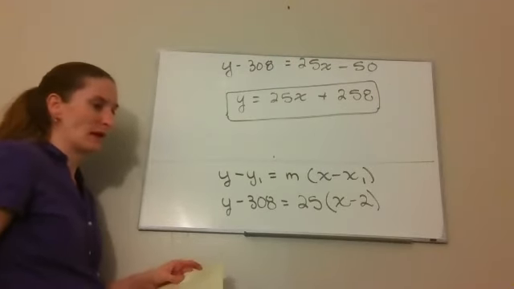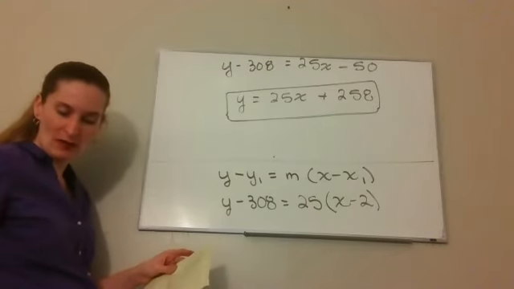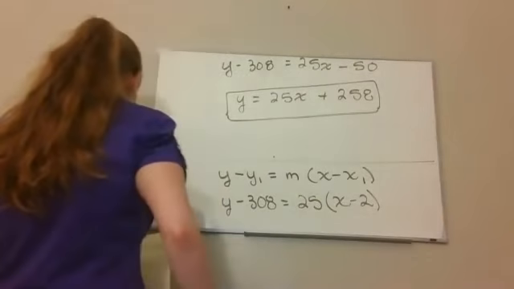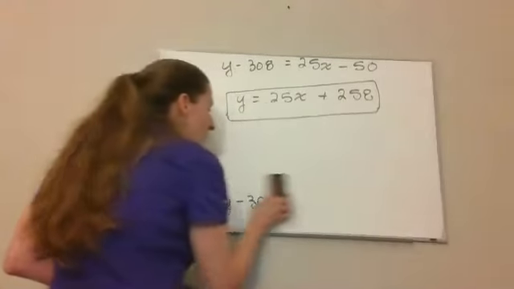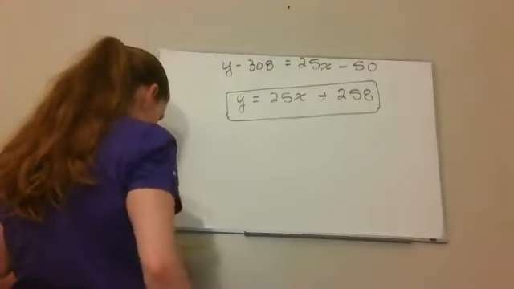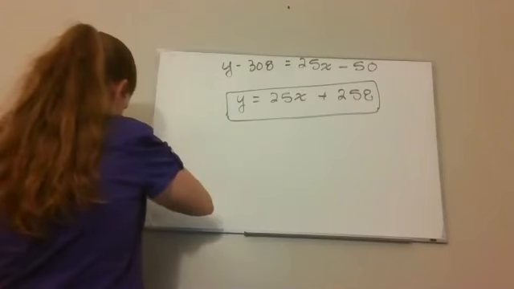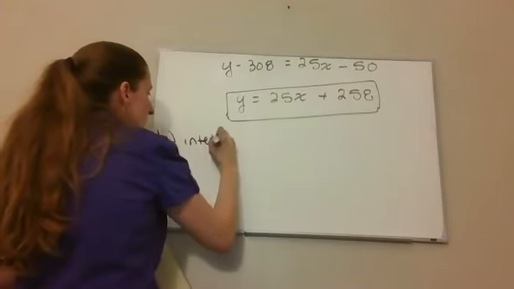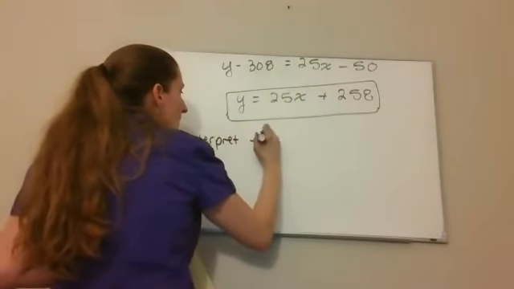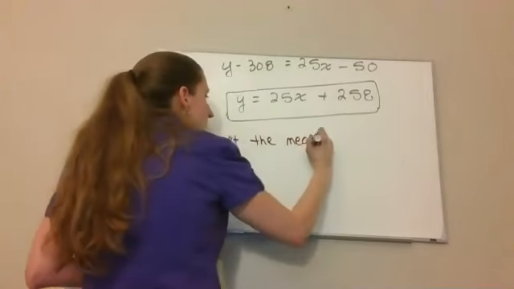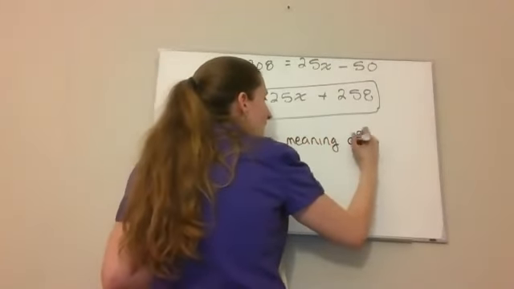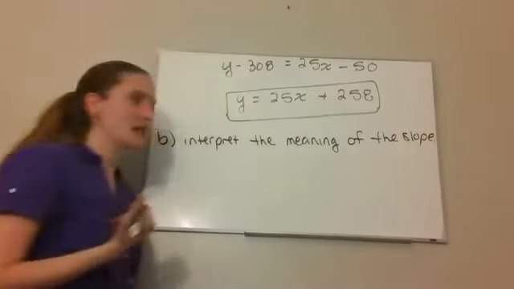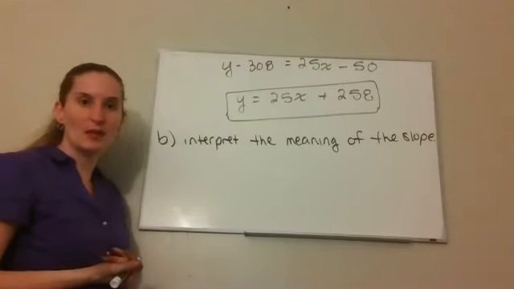So now we have to remember what it is that we're doing. We're working with a word problem. This is supposed to represent something. So part B wants us to interpret the meaning of the slope. So we need to interpret the meaning of the slope in the context of this problem.